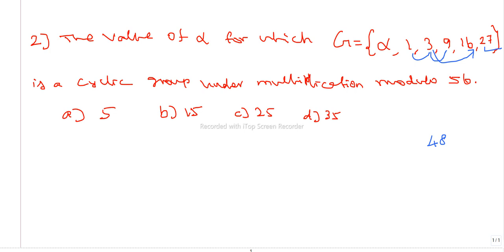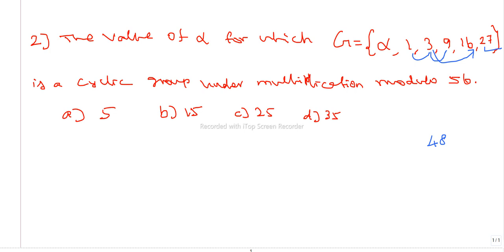So 3 into 48, but okay, Sir, the operation is multiplication modulo, sir. Yeah, multiplication only. So 3 into 16 is 48. If you take more than 56, you have to take modulo 56.